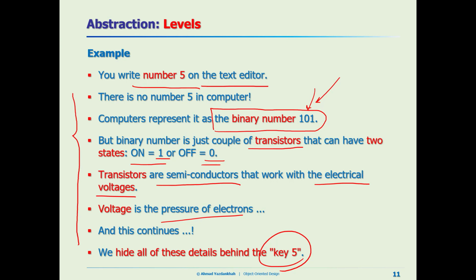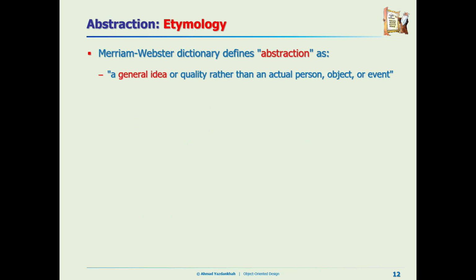All right. With this background in your mind, let's get back to our abstraction officially and see how we can define it. First, let's see the meaning of abstraction from the etymology point of view. If you look it up in a dictionary, you will probably see something like this: a general idea or quality rather than an actual person, object, or event.